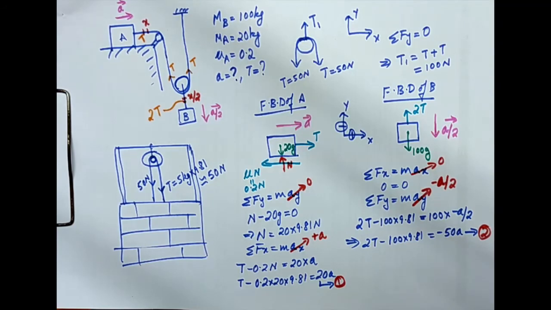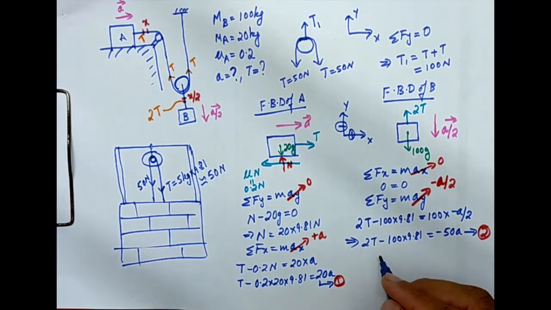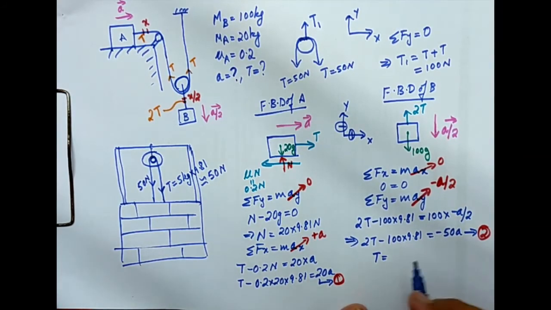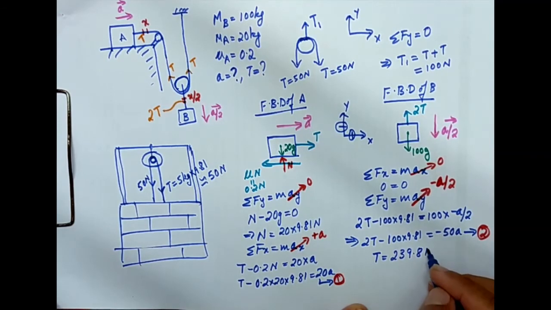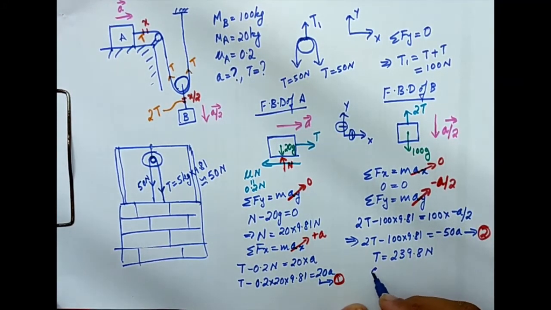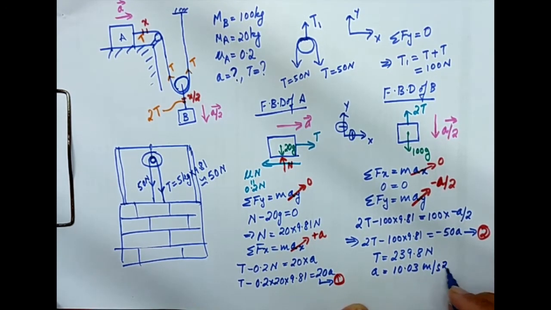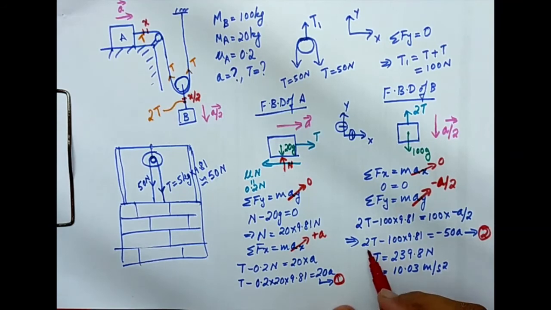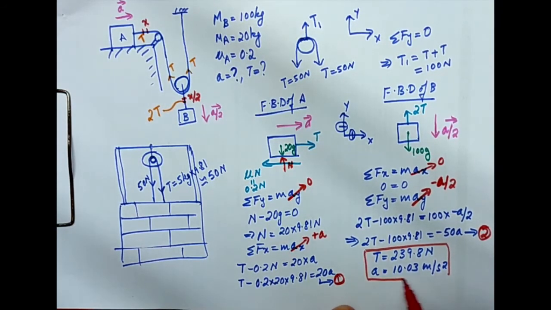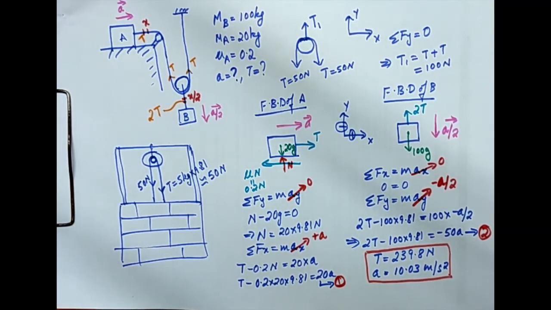On solving this, I'm going to get the solution as T is equal to 239.8 newton and A is equal to 10.03 meter per second square. So I got these two values, the value of tension and value of acceleration.